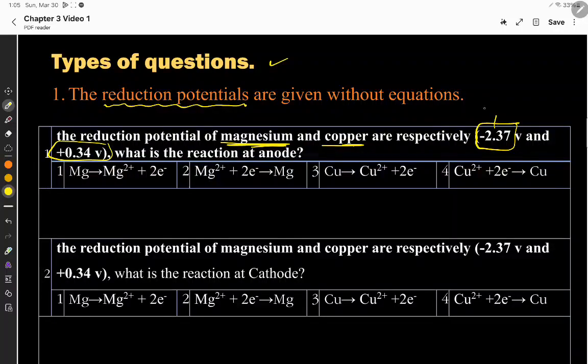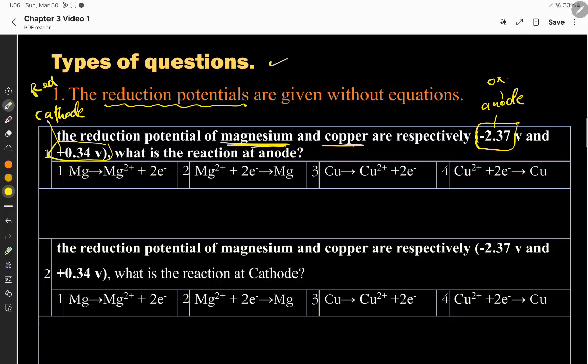Therefore, magnesium is going to be the anode and copper is going to be the cathode. And we know at the anode, oxidation, and at the cathode, what happens? Reduction. So we determined what's the anode and what's the cathode from the reduction potential.